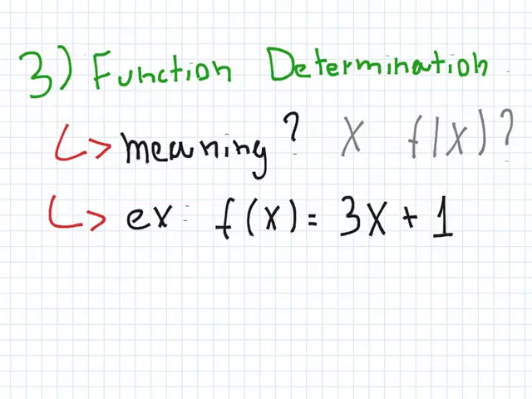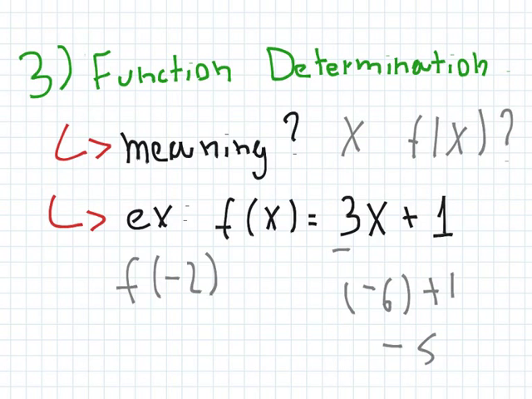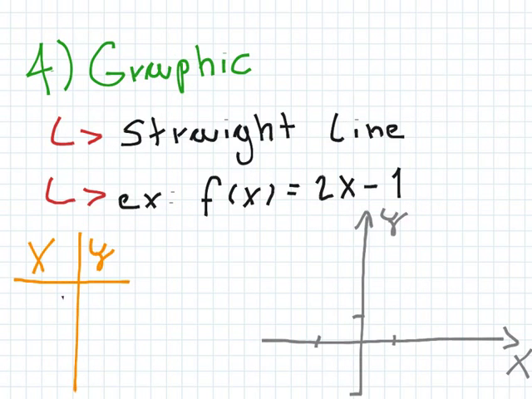If I want the determination of the function when x would be minus 2, just plug minus 2 into the function, so we have 3 times minus 2, that would be minus 6, plus 1, that would be minus 5.